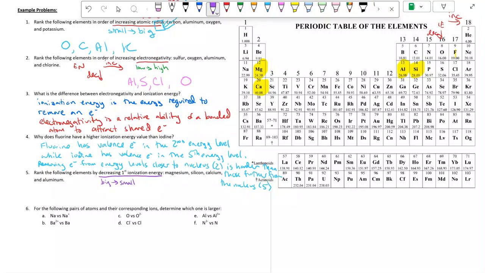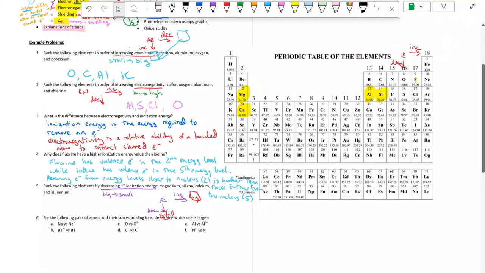And we go back to our patterns. Ionization energy across increases and down decreases. And so the biggest are going to be over here and the smallest are going to be over here. So if we're going big to small, here's going to be our biggest. Okay, and then aluminum, and then magnesium, and then calcium.